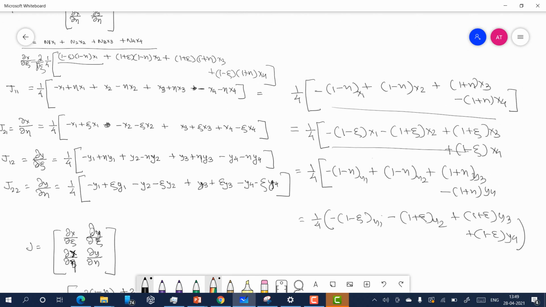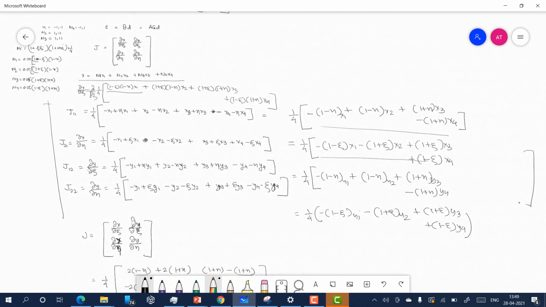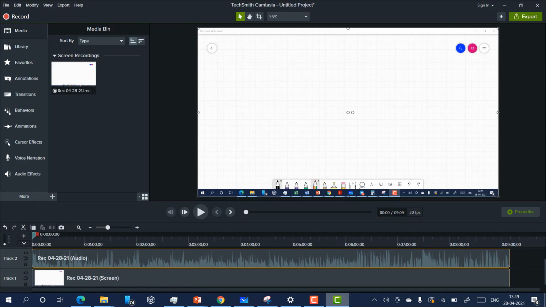So let us keep this in our hand. Let us keep this part in our hand, and from here we will continue in our next lecture.